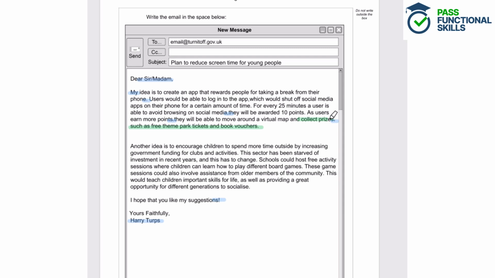Now, because we've said prizes, multiple, we have to also use plurals for the theme park tickets and the book vouchers. So all of the items in this sentence are plural to make it consistent.